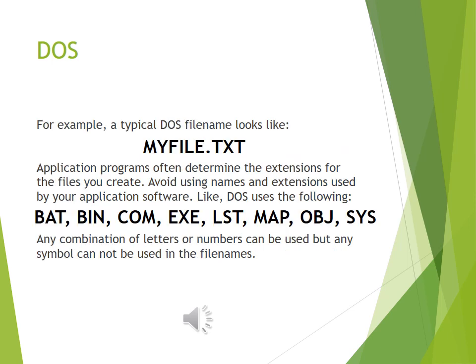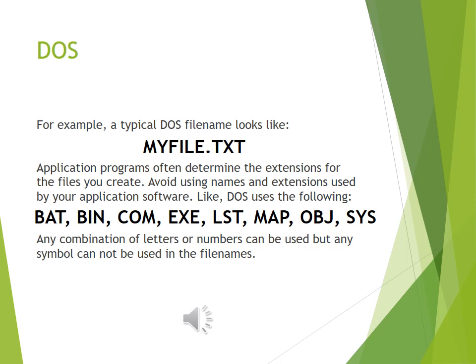Now you can see the example of a typical DOS file name, how it looks like. Let's imagine a file name myfile and its extension is txt. An application program often determines the extensions for the files you create.